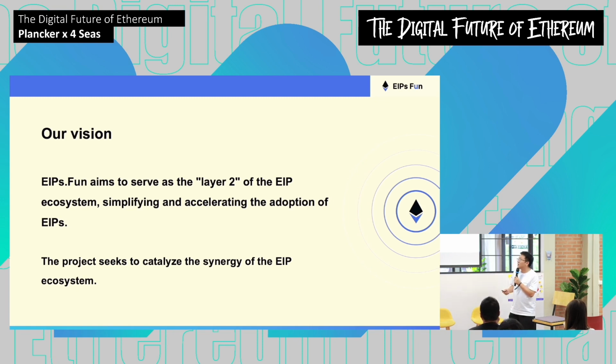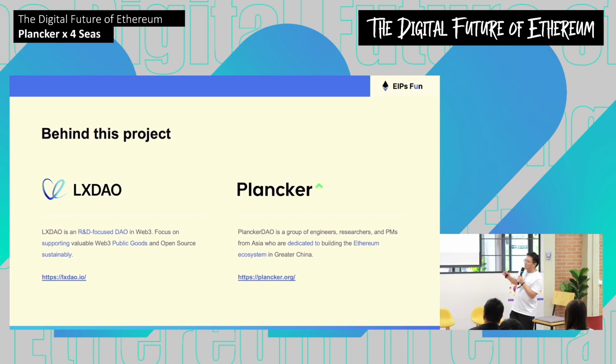This project is co-initiated by AlexDAO and PlunkerDAO. AlexDAO is an R&D-focused DAO in Web3, focused on supporting public goods and open source projects, and the majority of us are developers. Plunker is a group of people dedicated to building the Ethereum ecosystem in Asia.